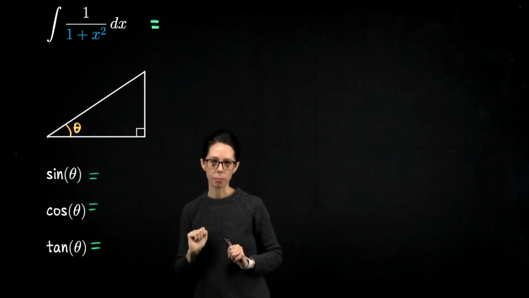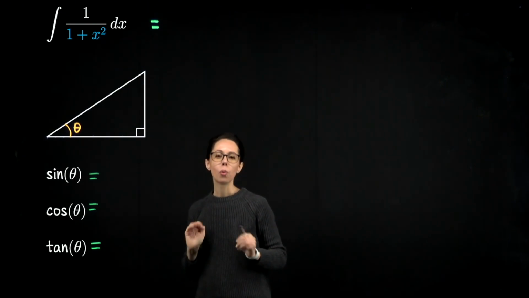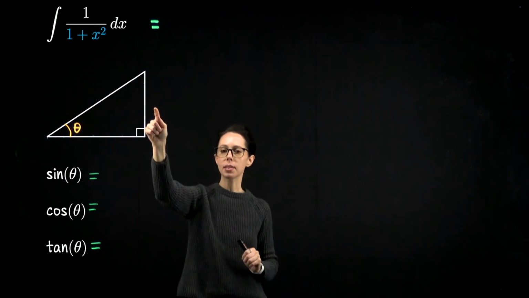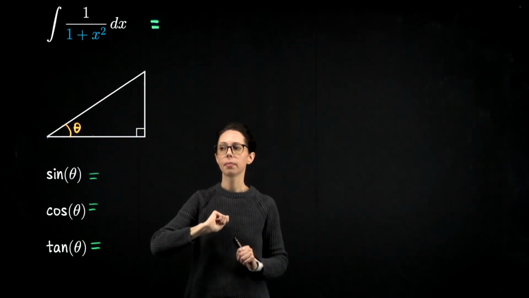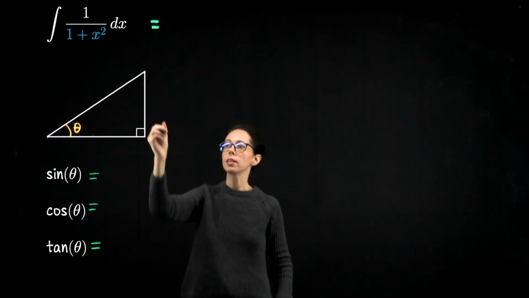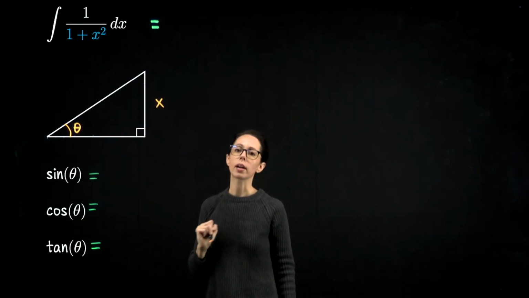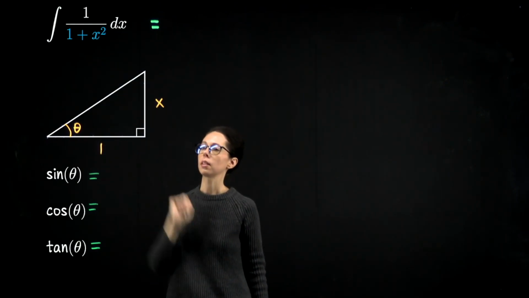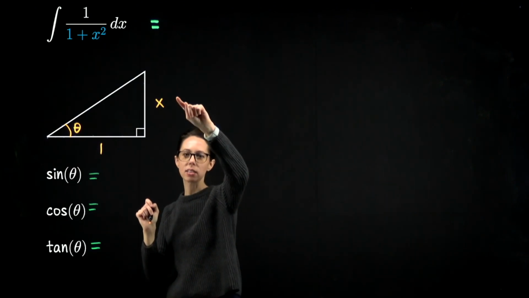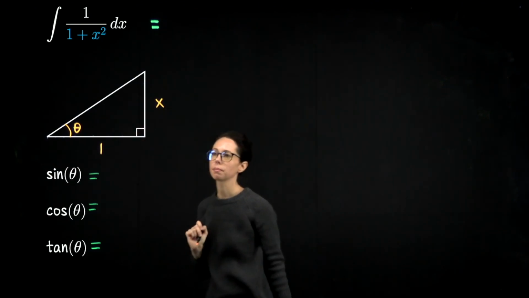Based on the tip I put on our opening slide, when in doubt, if you have a choice to make, you want x to either be on the opposite side or the hypotenuse side. Here, since x is going to be a side length, we want to put it here. So this is the best choice to make for where to put x. Okay, so again, I could have done x and 1, but I like having x opposite rather than adjacent.